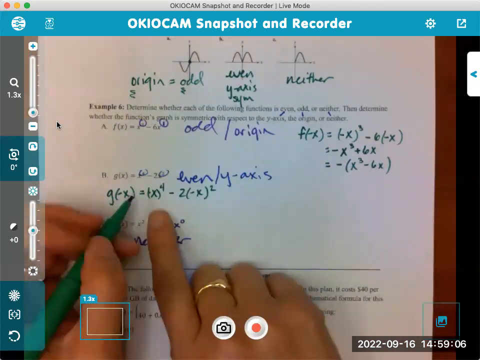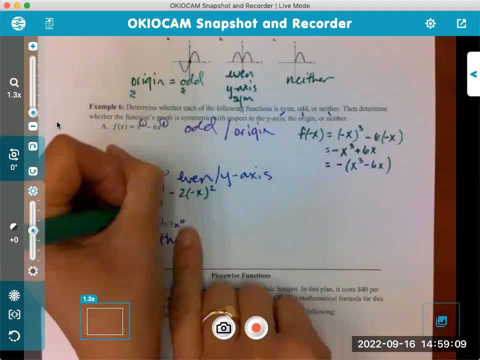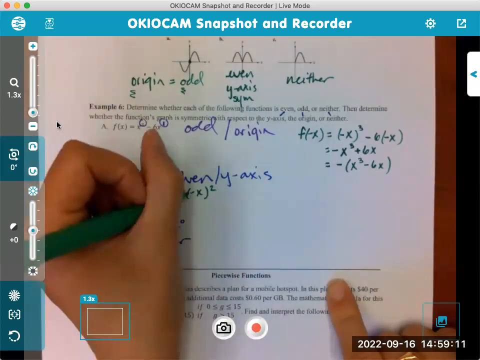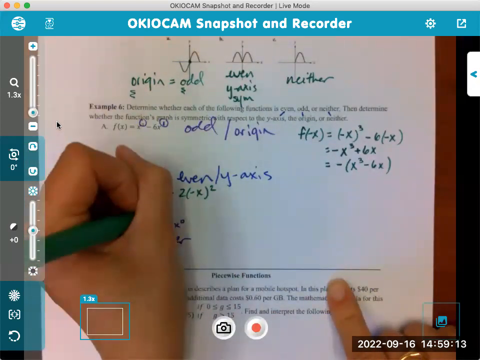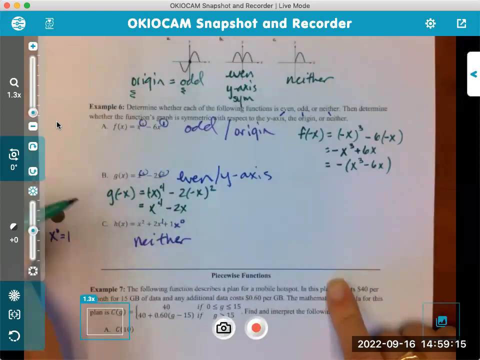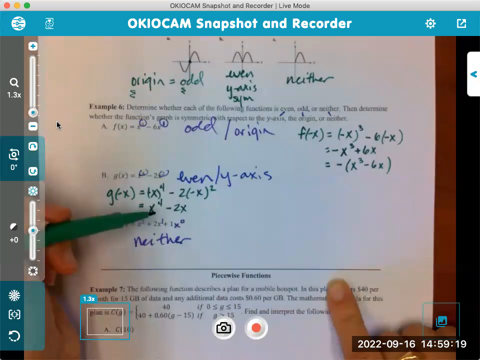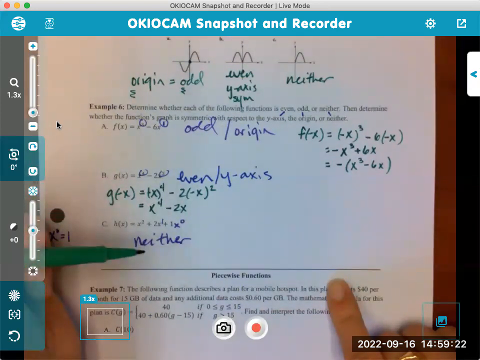Here, 4 negatives make a positive, so that's just x to the 4th. 2 negatives make a positive, so this just stays 2x squared. So again, if I pop in negative x, but I get the original in return, then I know it's even.